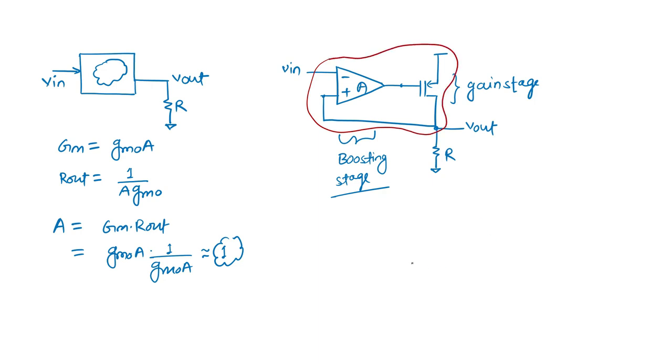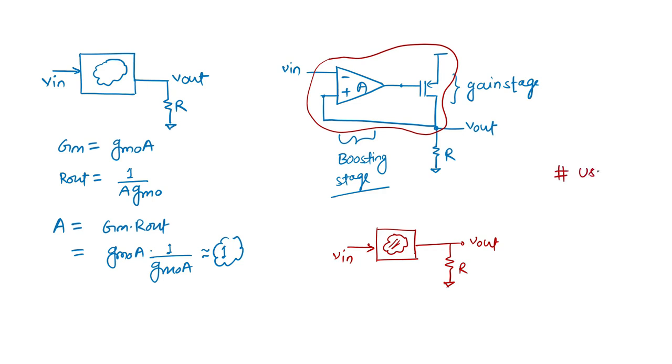Then I am able to see again a box. Whatever the mechanism of the gain is here, I don't care. But here I have input and I am taking output across this load. There are many more modifications here.